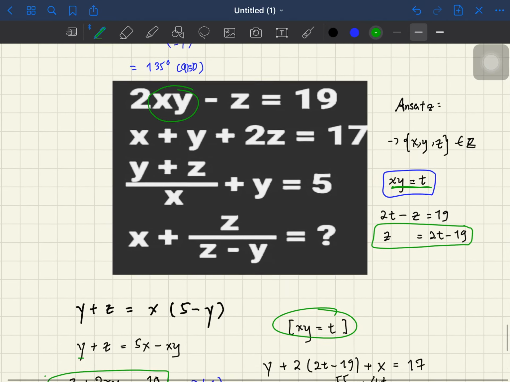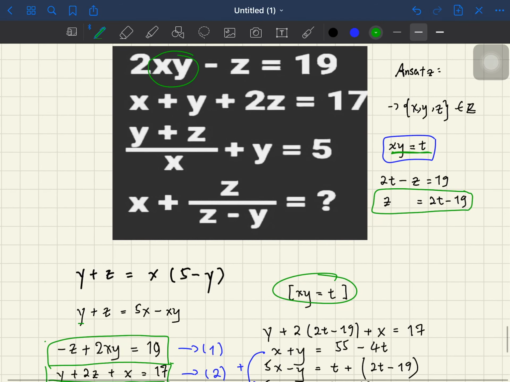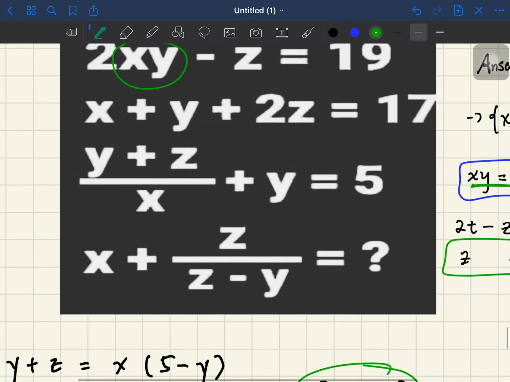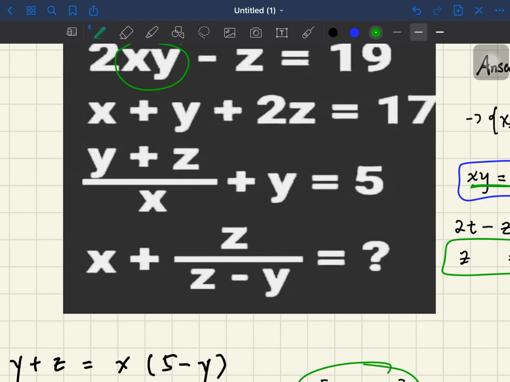Then I need to get the remaining variables x and y. However, I need to obtain more equations. In this case, I have these two, which are x plus y plus 2z equals 17, and y plus z over x plus y equals 5.